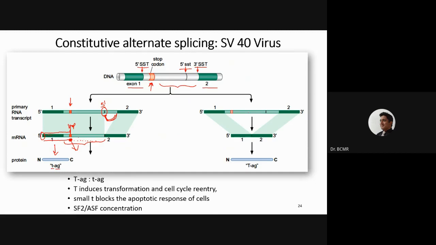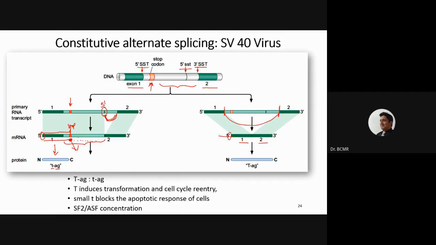There is another way of how things happen. That is, this is the 5' splice site. It is making a legitimate splicing with the 3' splice site here. And now you have a spliced, mature mRNA consisting of exon 1 and exon 2.